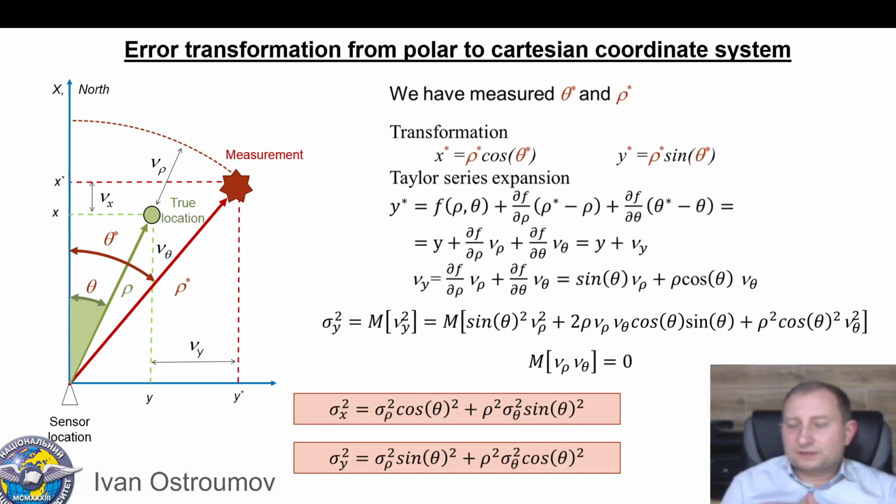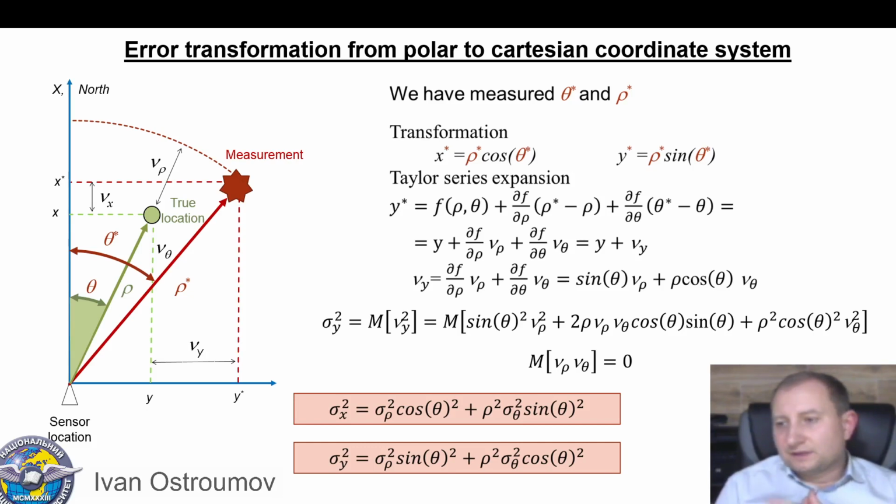however, I will be glad if someone in the comments related to this video gives me formulas to estimate sigma z. If you have the third angle, elevation, then we can find the projection of z to the horizontal plane, and then we can apply the same formulas.